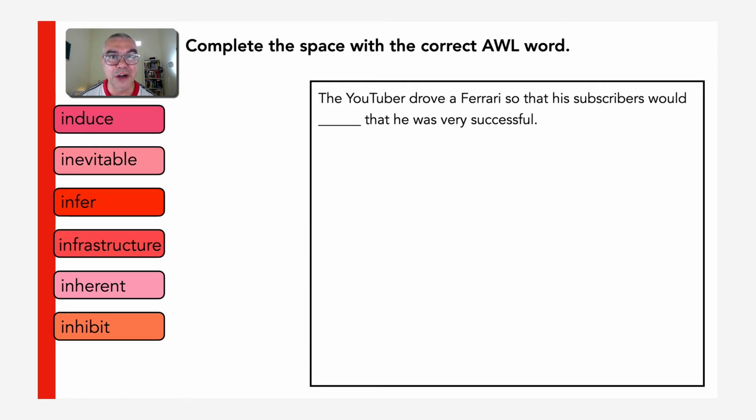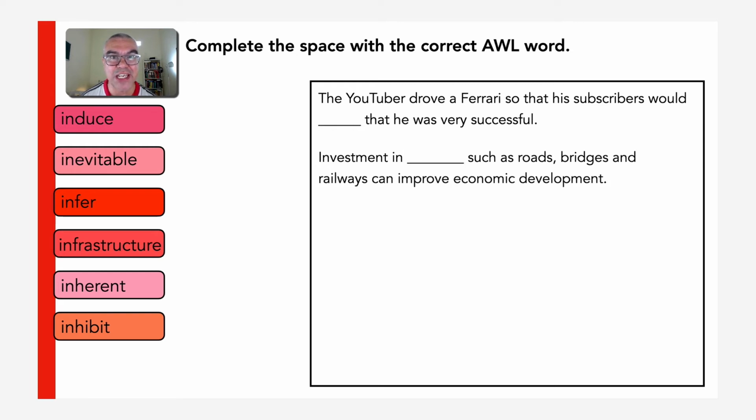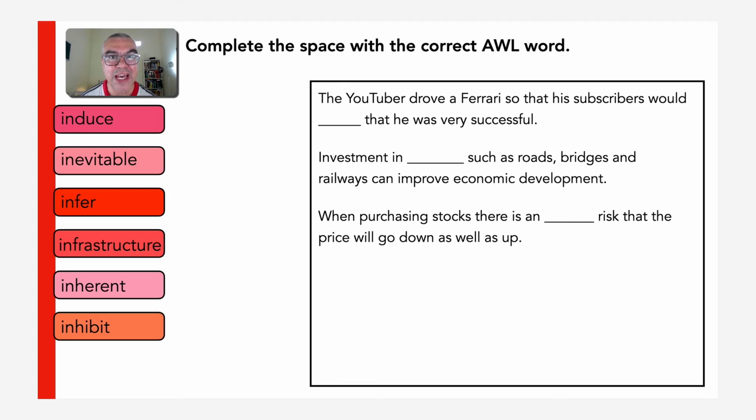The YouTuber drove a Ferrari so that his subscribers would blank blank. He was very successful. Investment in blank blank, such as roads, bridges and railways, can improve economic development. When purchasing stocks, there is blank blank risk that the price will go down as well as up.